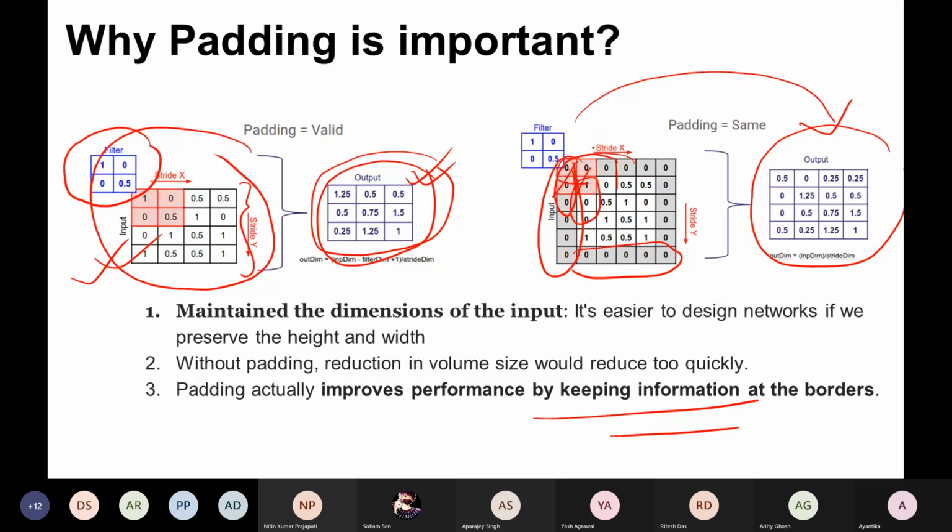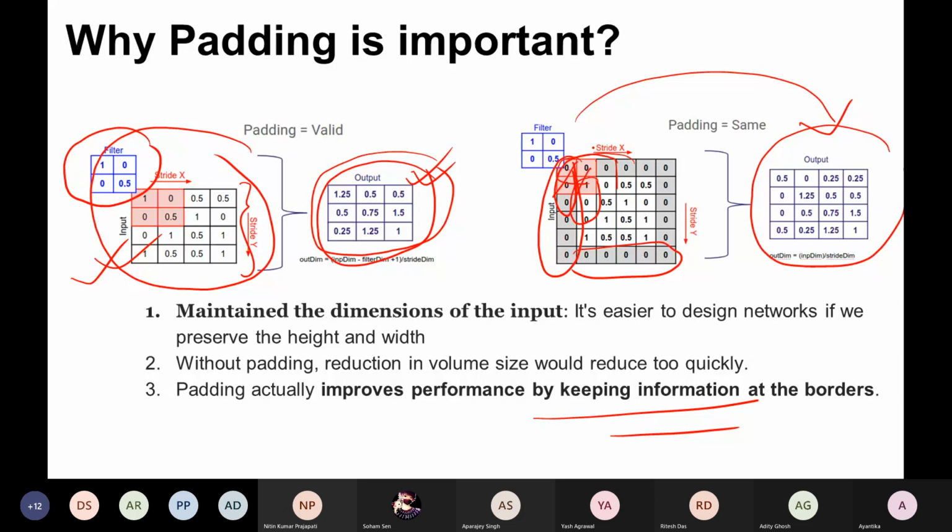Whenever we slide the filters and repetitively try to fetch the features from the whole input space, that will not happen, because the border information vanishes too quickly.